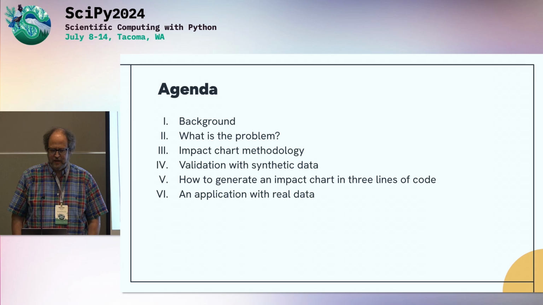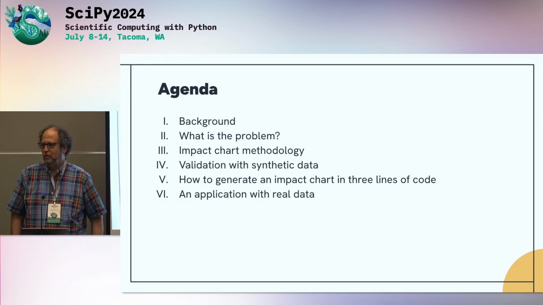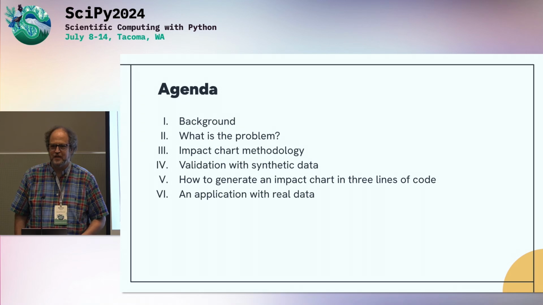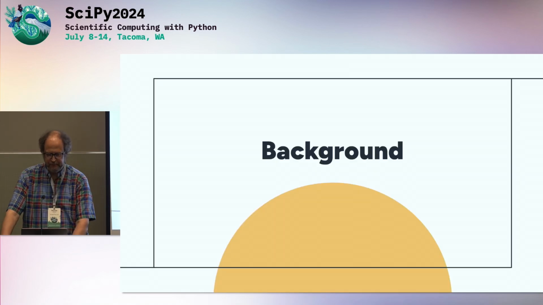And then I'll talk very briefly about how you can use the open source package to generate impact charts on your own data sets, and finally go through an application on some real data where we were able to find some effects that traditional techniques, for example regression, are highly unlikely to find.